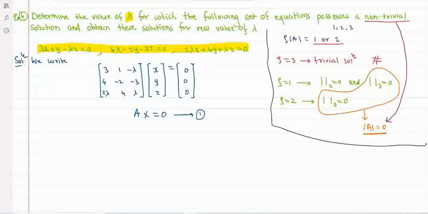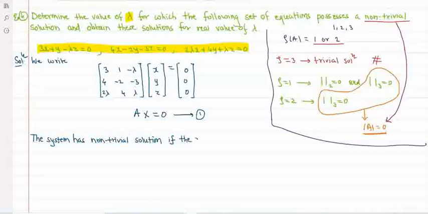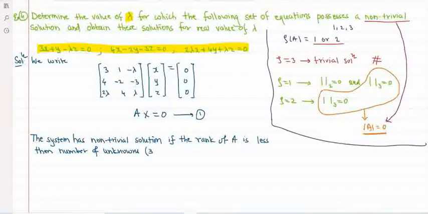Now here, the system has a non-trivial solution if the rank of A is less than number of unknowns, that unknowns are given as 3.